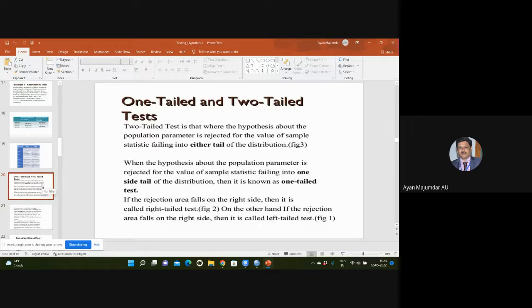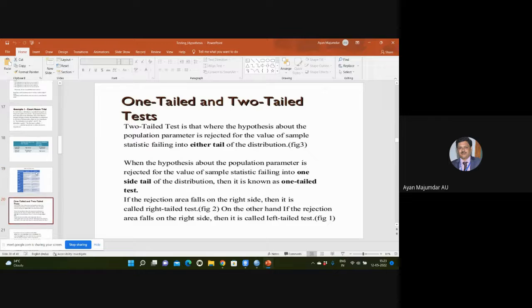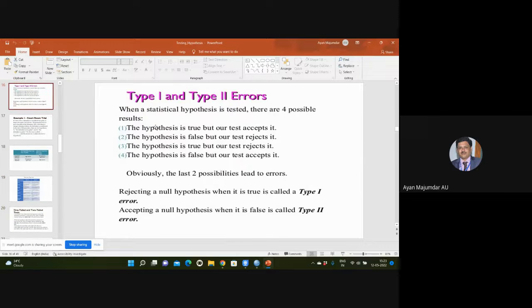Now, when we are dealing with the testing of hypothesis, there can be a situation, say, you have developed a null hypothesis which is actually true, and your test result says so. Very good. You are testing a null hypothesis which is actually false, and your test result rejects your null hypothesis.